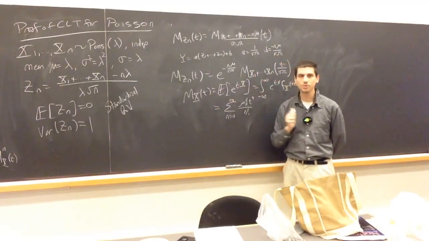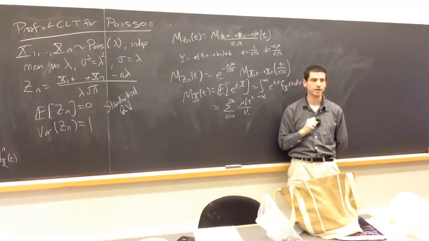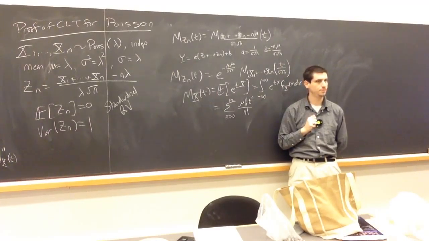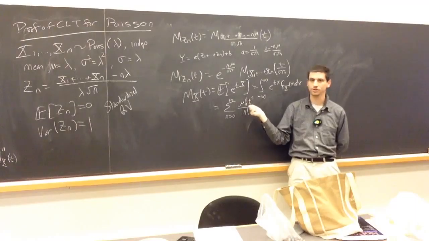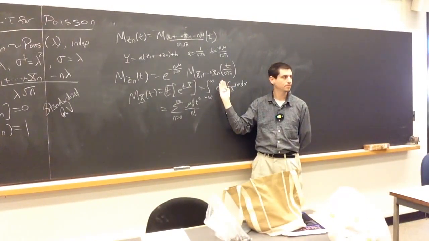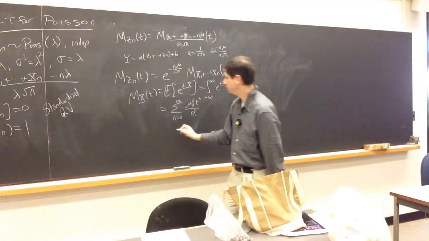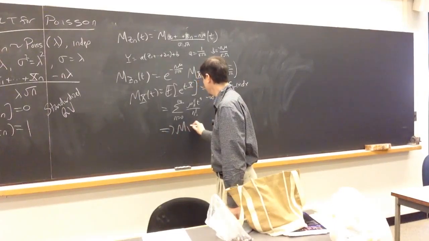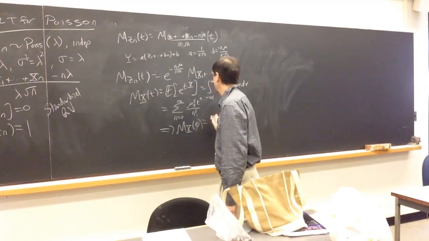If I evaluate it at 0, what's the first term in the expansion? If t equals 0, I just get 1. So the moment generating function at 0 is just 1.